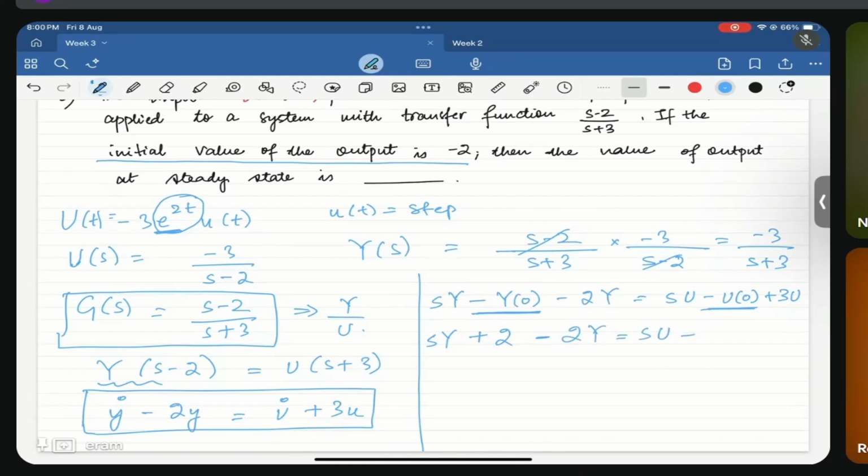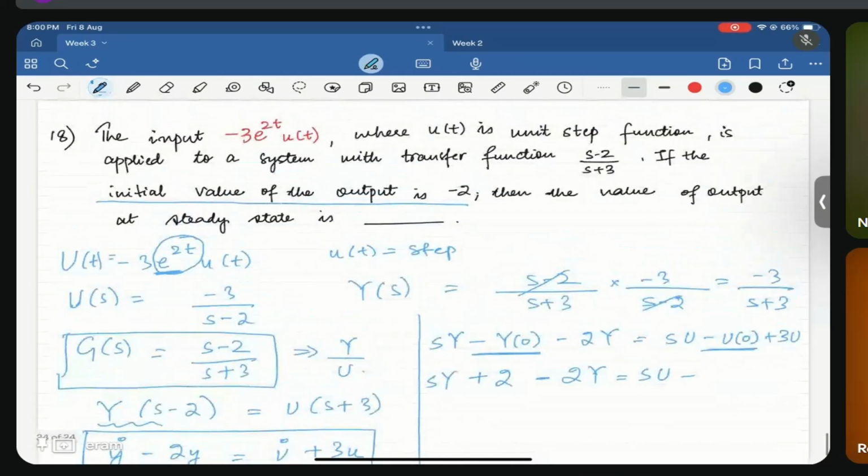And what will be the input at t equals 0?